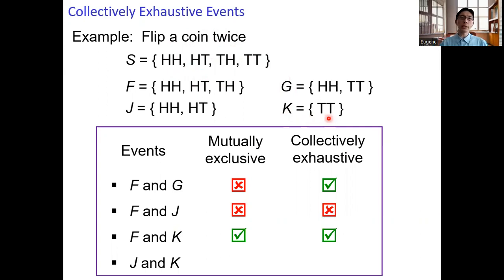And lastly, compare events J and K. Events J and K are mutually exclusive, with no sample point in common. And events J and K are not collectively exhaustive because the sample point TH is not in event J, nor is it in event K.